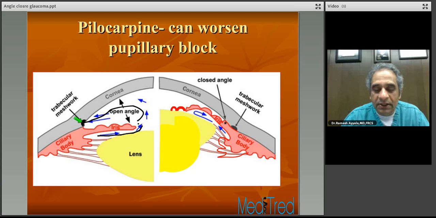Whereas in certain situations pilocarpine can cause the lens to ride anteriorly because of relaxation of the zonules, thereby increasing the contact between the pupillary margin iris and the underlying lens, preventing the aqueous from accessing the anterior chamber and making the entire situation worse for you.